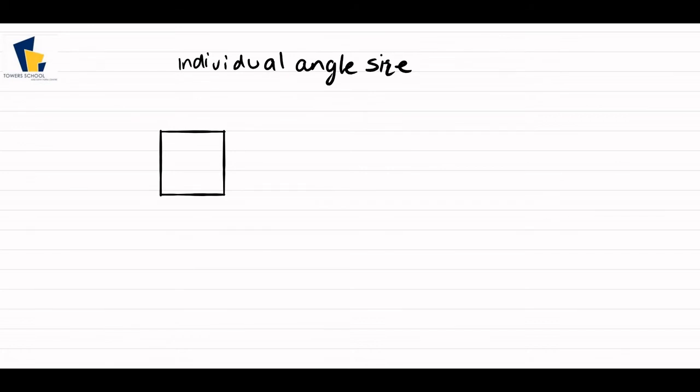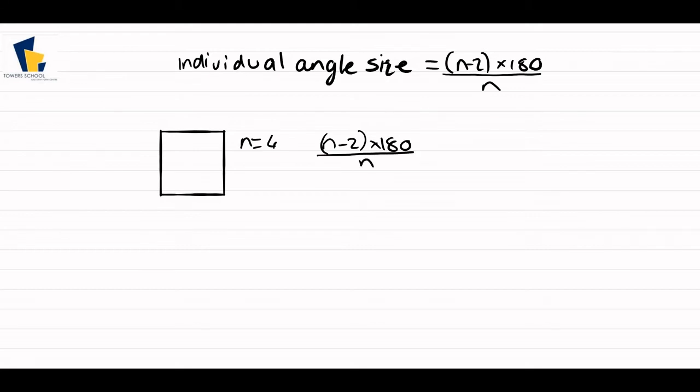To find the individual angle in a regular polygon, we're going to use the same formula that we did originally, n minus 2 times 180. The only difference now is I'm going to divide it by how many sides there are. Let's look back at this square. We know there were 4 sides, so n is equal to 4. So we're going to do n minus 2 times 180 all divided by n.